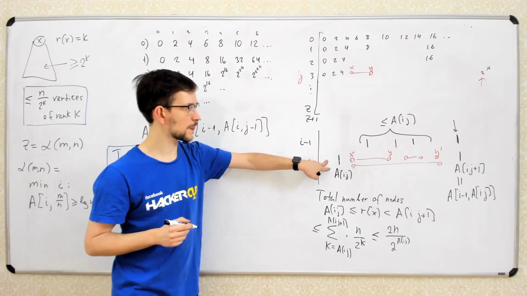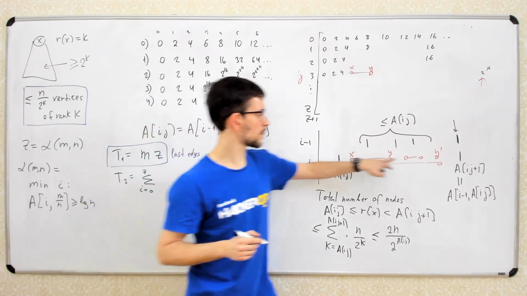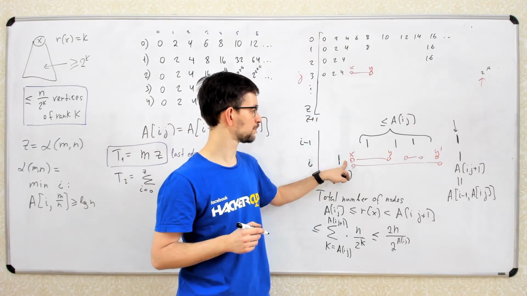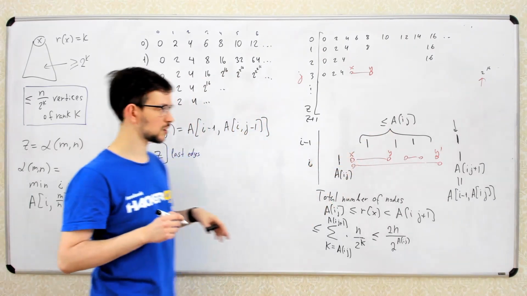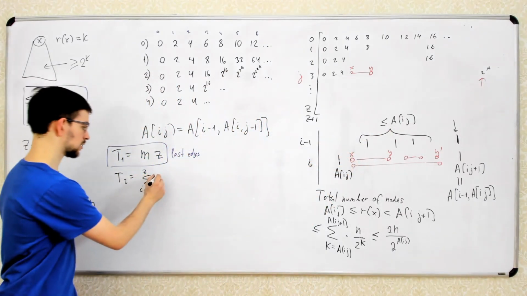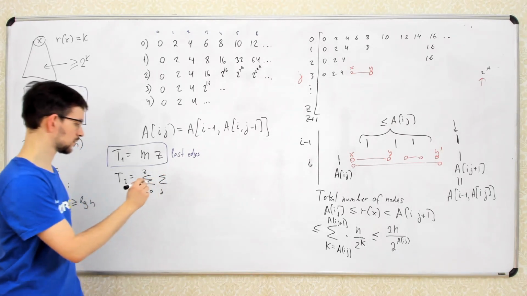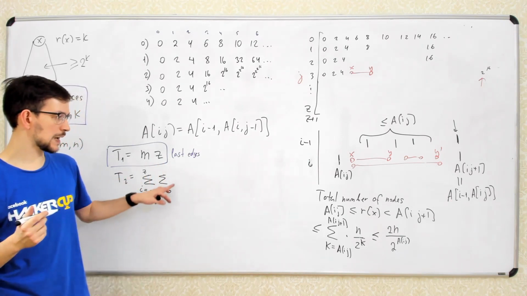For each layer, for each class, we take all elements in this segment and apply this number of iterations. So we take this sum for j from 0 to something not important.